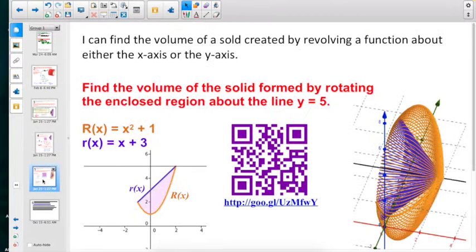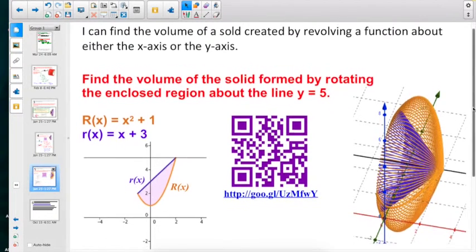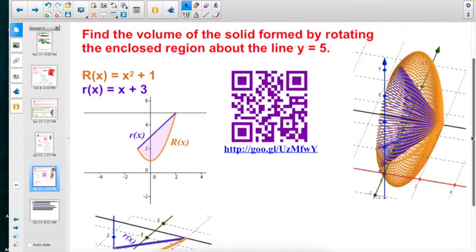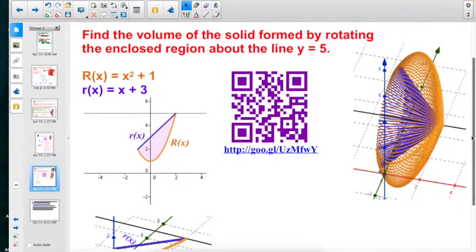So if we look at this scenario, I'm going to have the axis of rotation be right here, right at the tip of that shape. So now my axis is right here.